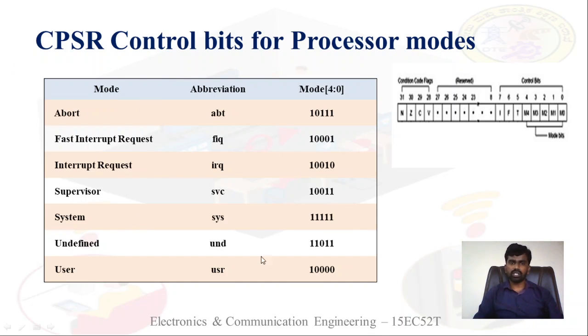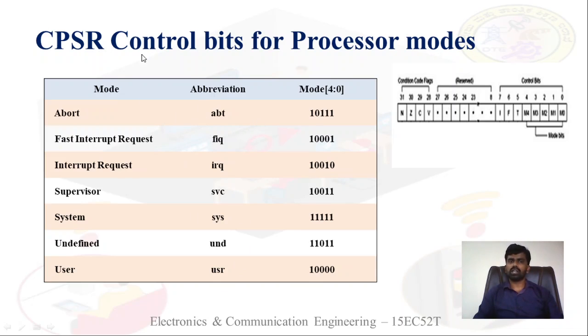This is the abbreviation of the different ARM modes. For example, a register used in the abort mode, say R0, is expressed with the name R0_ABT. Understand? Similarly, all these abbreviations are used for different registers.